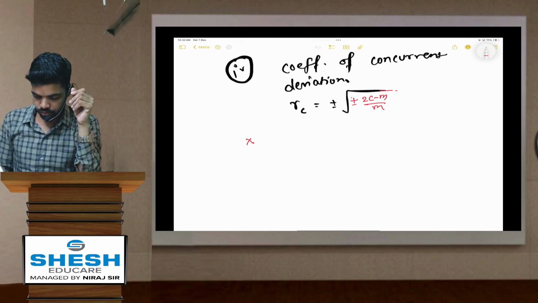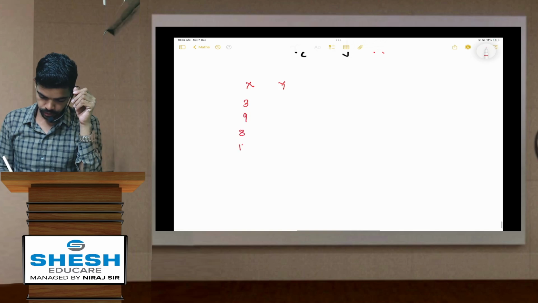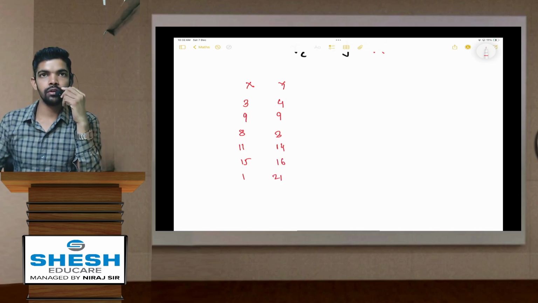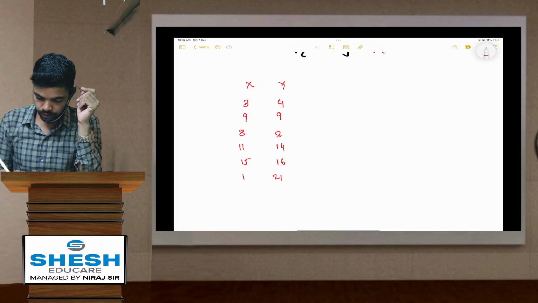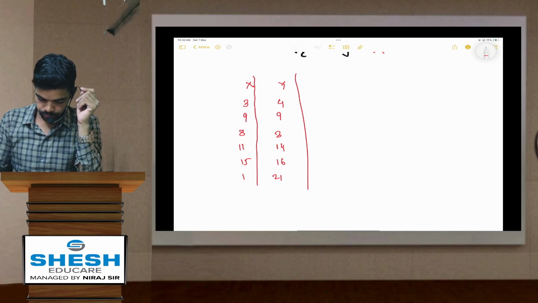How do we do it? Suppose you have x as given. What we will do? You just have to assign a sign in front of each value of x.